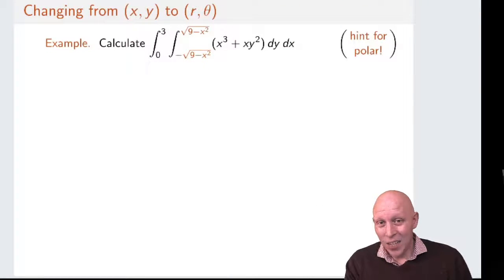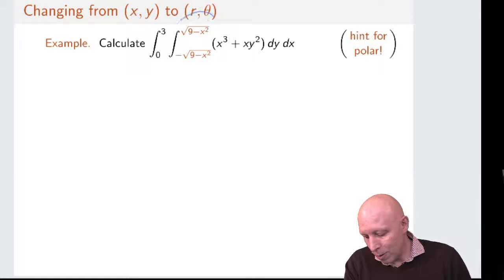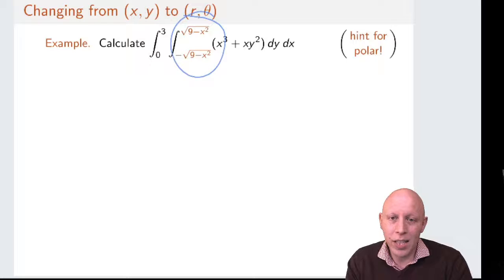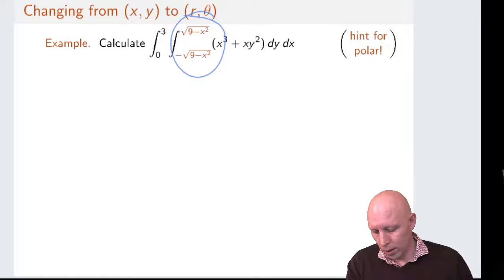The hint that we want to do a polar integral is coming from these bounds, where we see that y equals square root of 9 minus x squared. That's a circle. And when we have circles, circles tell us we probably want to use some polar coordinates.